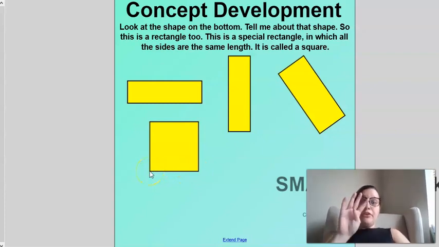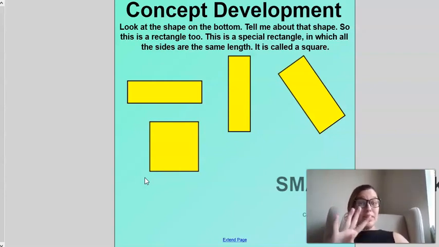So we have 4 points, 4 sides. Well, what's different? Look at the lengths of these sides. Are they all the same lengths? Yes, they are. There's not too short and too long. They are all the same length.